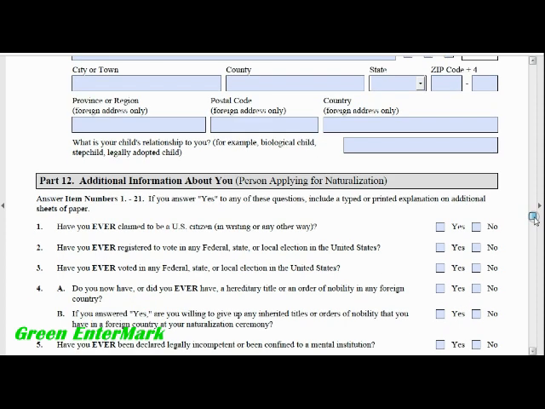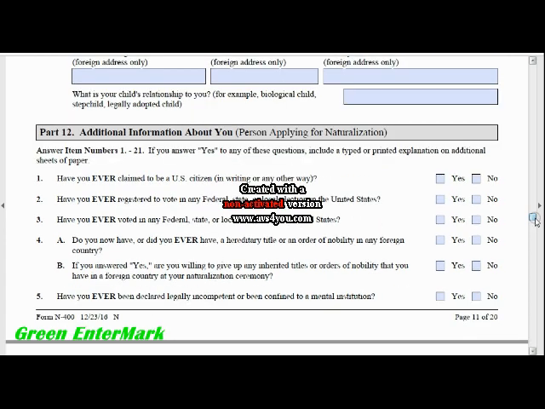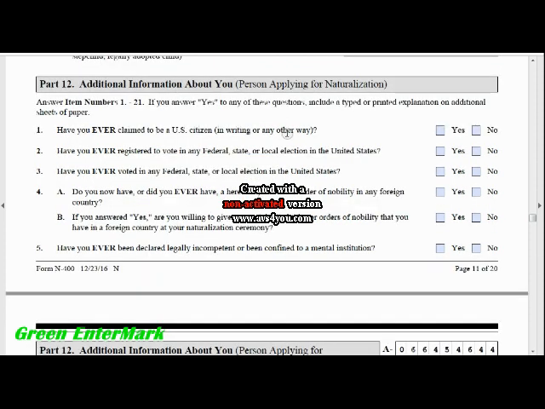Okay, now Part 12, additional information about you, the person applying for naturalization. Answer items 1 to 21. If you answer yes to any question, include a typed or printed explanation on an additional sheet of paper. If you say yes, you have to clarify and give the reason why, and mention all the information.